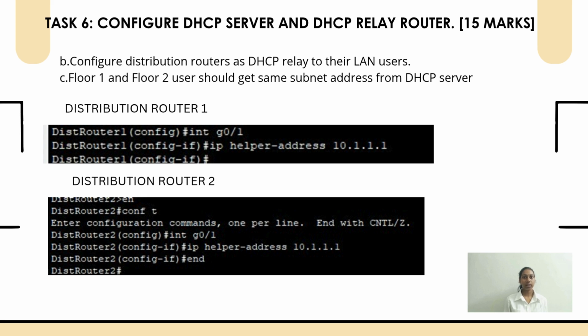Lastly, while the current configuration shows different subnets for potential distribution router 1 and 2 devices, the requirement is for them to be on the same subnet, necessitating an adjustment to the network configuration of our DHCP pools to ensure consistent addressing across these locations.